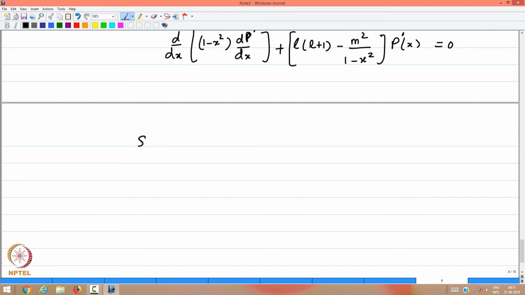Now, the solution. We will go back to the power series method that we have for p of x, and let us assume that m equal to 0.